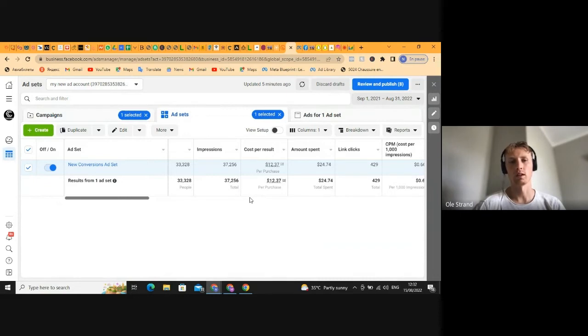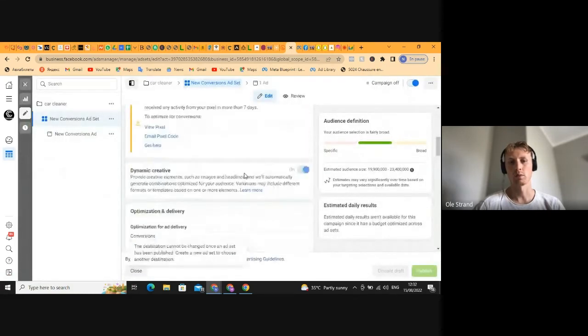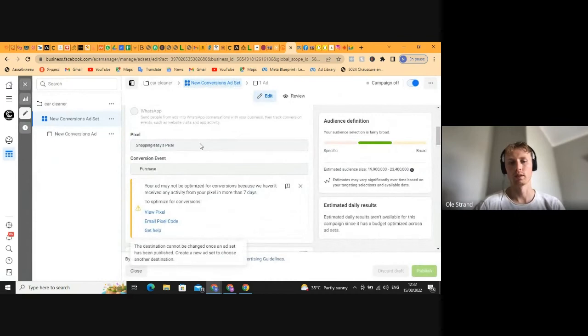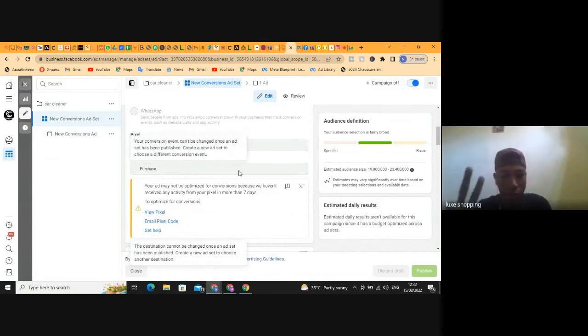Do you compare with your backend data from your actual sales? Because here it says $12 per purchase, but you know the Facebook pixel doesn't track all the purchases anymore. Yeah, I know. So do you have more purchases than what Facebook is tracking?